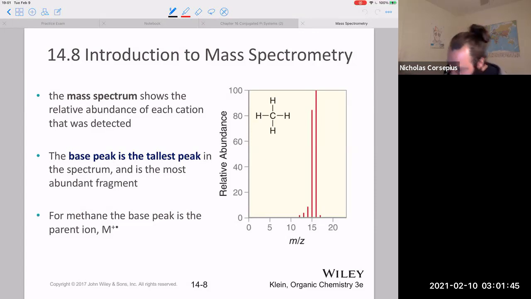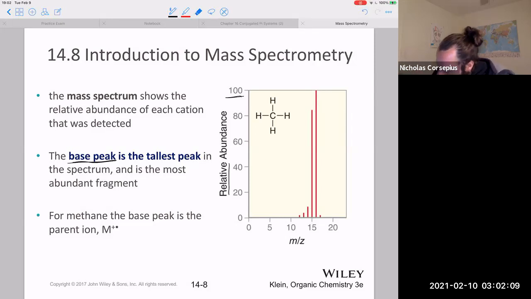Important terminology, though, is the base peak of your spectrum. You'll notice that this is relative abundance. The abundance is always measured relative to the base peak, or the tallest peak in the spectrum. So whatever the tallest peak in the spectrum is, it automatically gets 100%, and everything else is measured relative to that, okay?